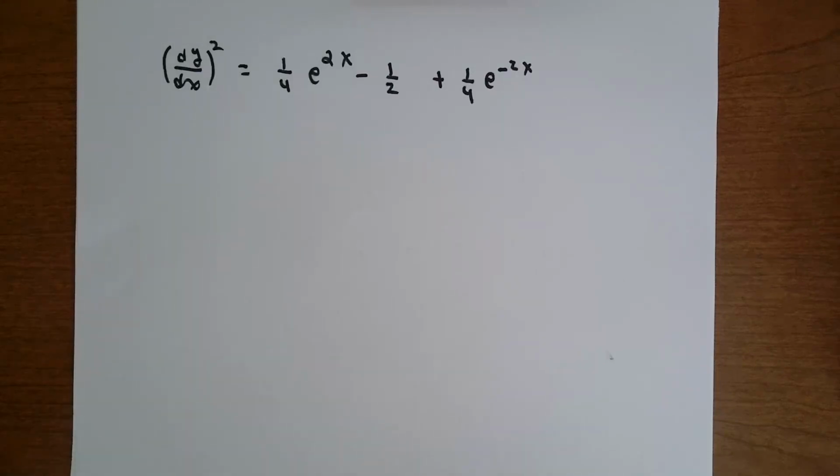The thing that I have to do now is add 1 to both sides of this. That's the quantity that's going to be underneath the square root. That gives me the thing that I need to integrate.